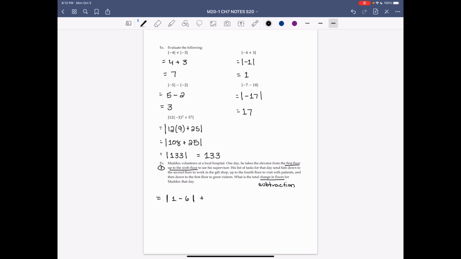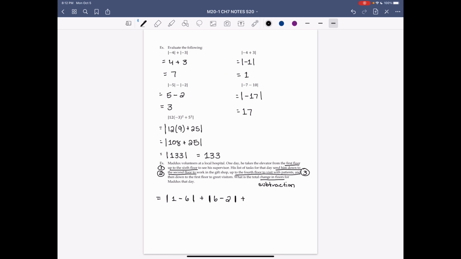Then we're going to add. He goes down to the 2nd floor. That's our second absolute value. He goes from floor number 6 to floor number 2. We're going to add the next one. He goes from floor number 2 up to the 4th floor to visit with patients.